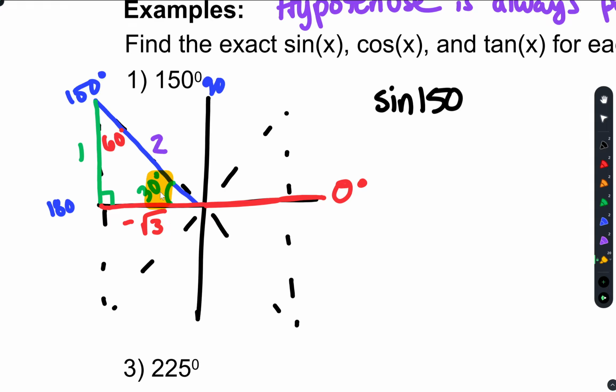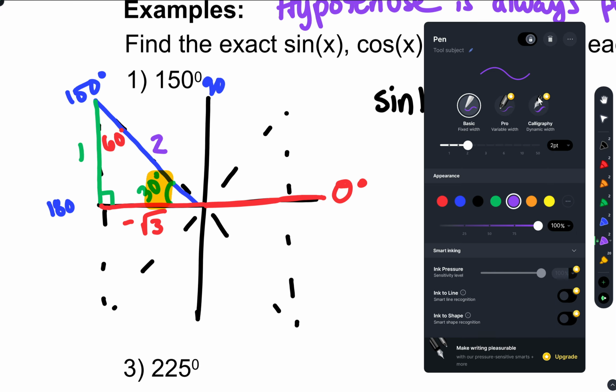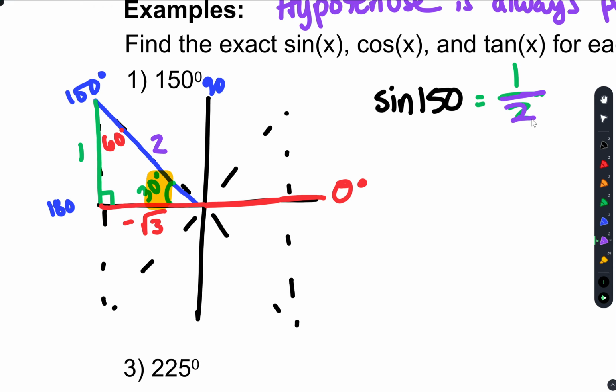Sine we know is opposite over hypotenuse, that's SOHCAHTOA. Opposite that 30-degree angle is a 1, and the hypotenuse of this triangle we've created is a 2. So sine of 150 is 1/2.